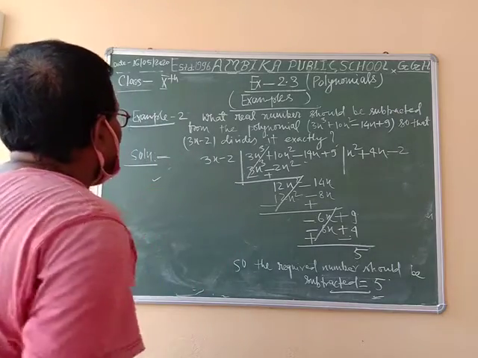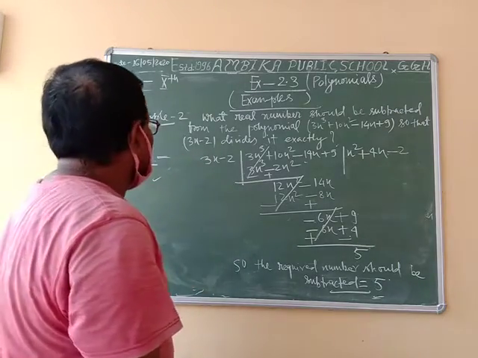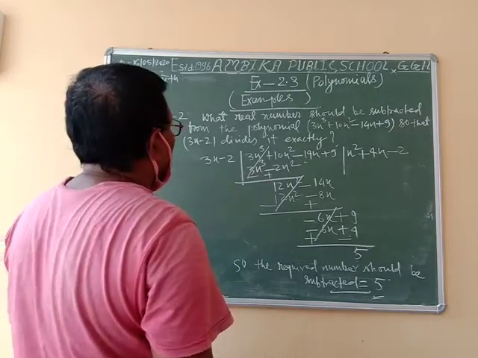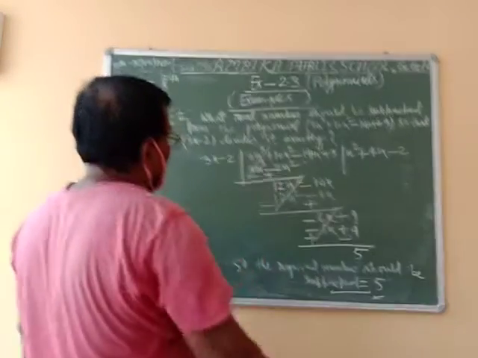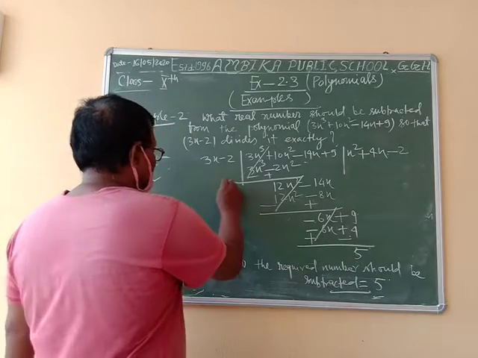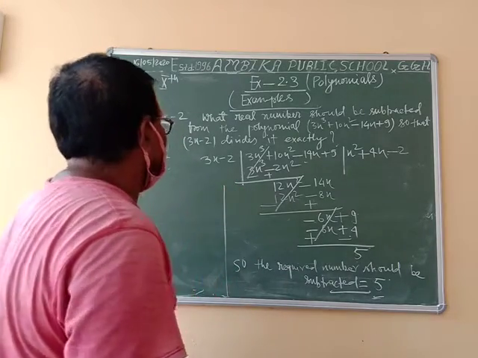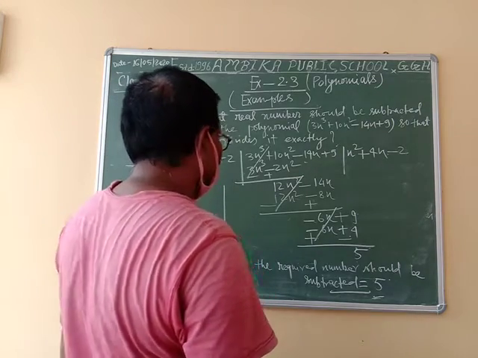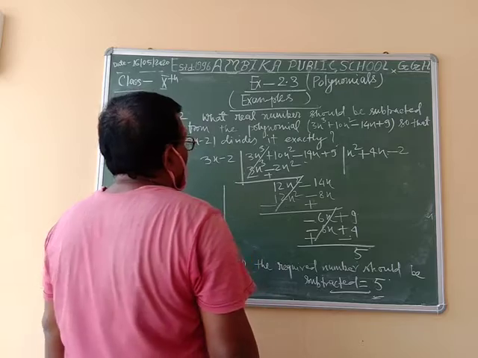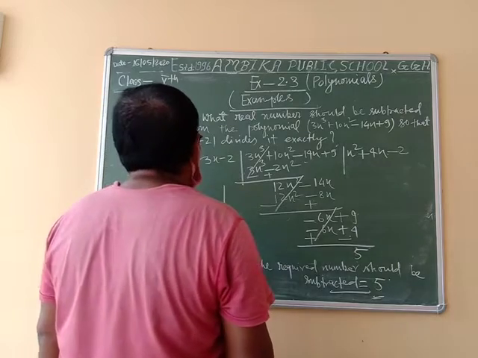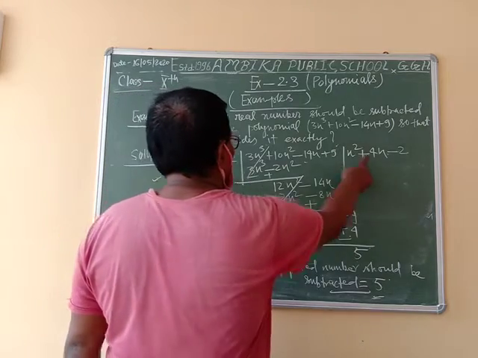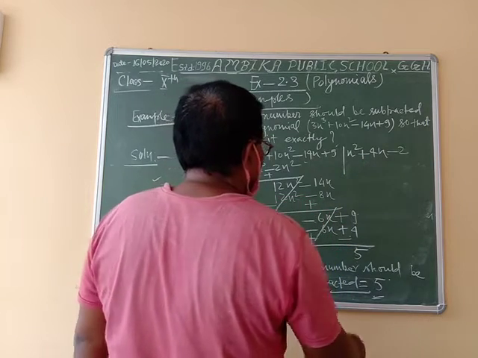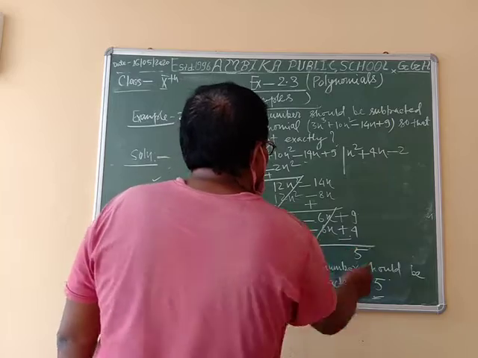In this method, you can divide a polynomial by a polynomial, and if you have to verify it, you multiply 3x minus 2 by x square plus 4x minus 2 and add the remainder.